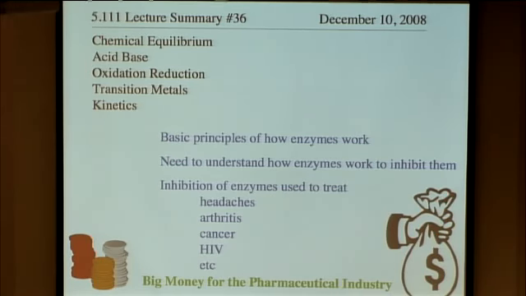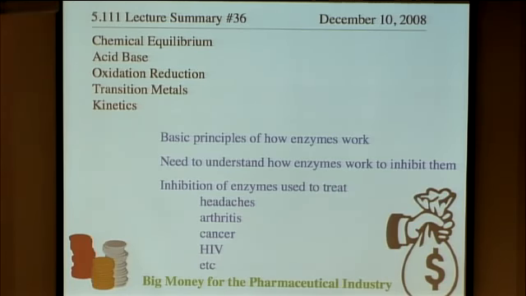This is true of students and faculty during finals week. Some of the treatments for headaches are pharmaceuticals geared toward enzymes called prostaglandin synthases. They inhibit those enzymes from working, and that gets rid of your headache.